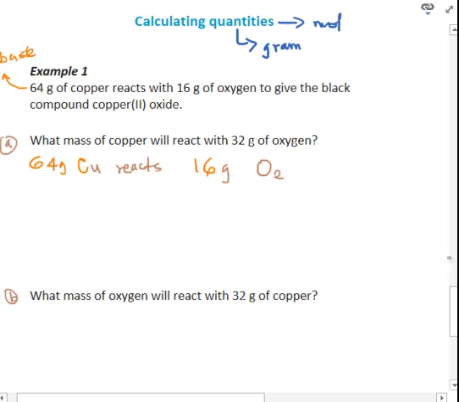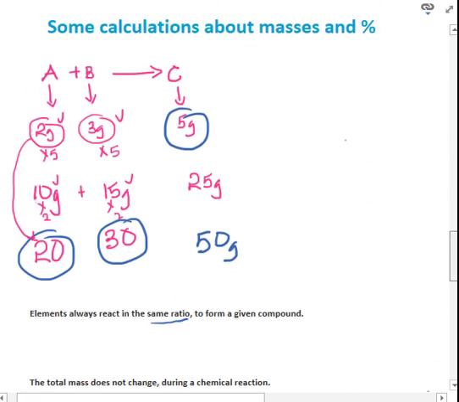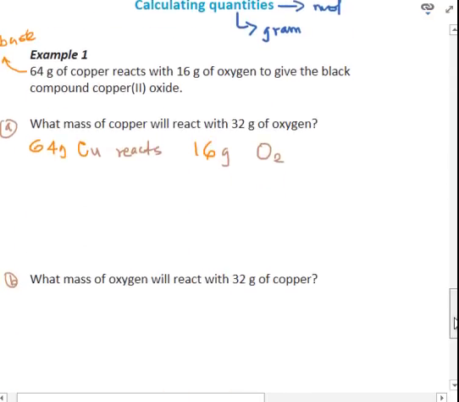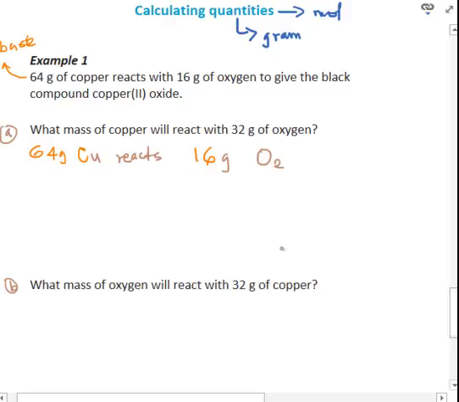If you go back to the first law here, the law says that elements always react in the same ratio to form a given compound. So let's look at the ratio by which oxygen and copper react. The ratio is 64 grams of copper to 16 grams of oxygen. We can lower it down.